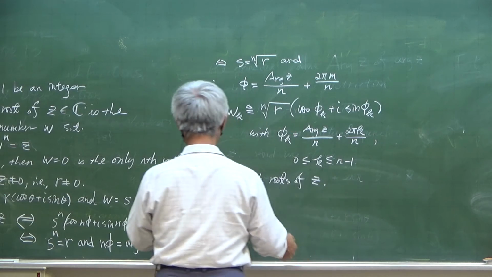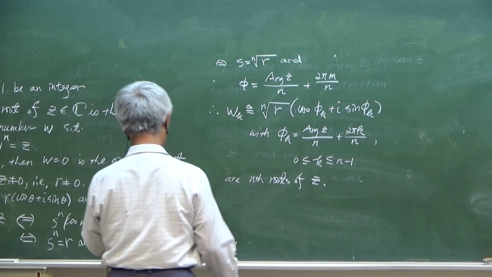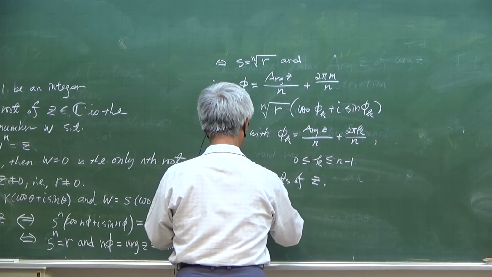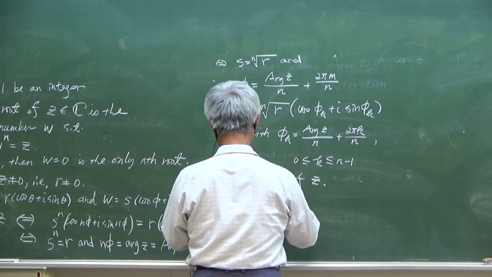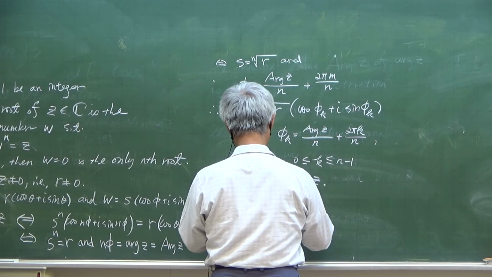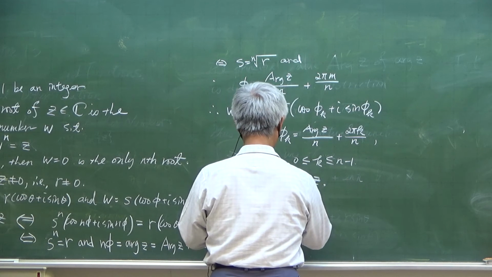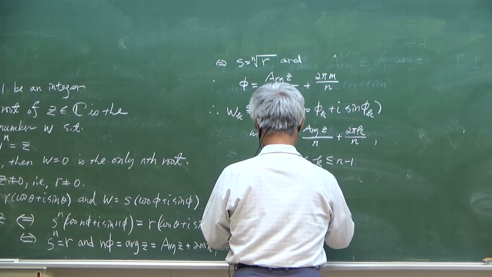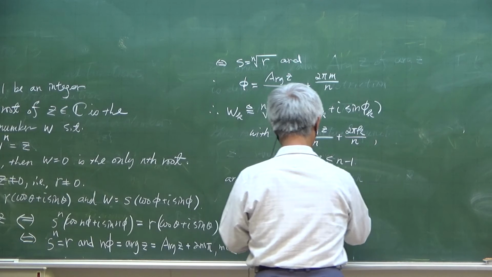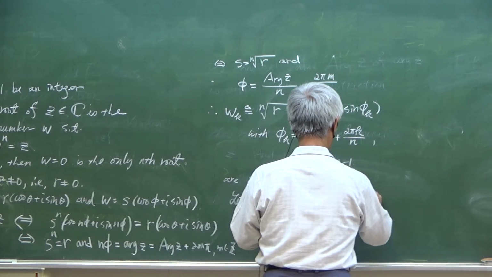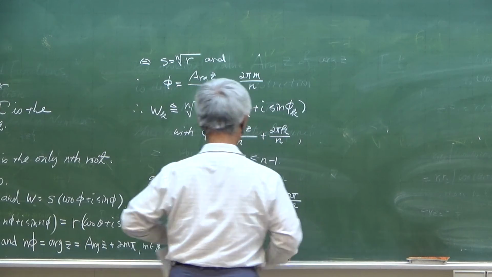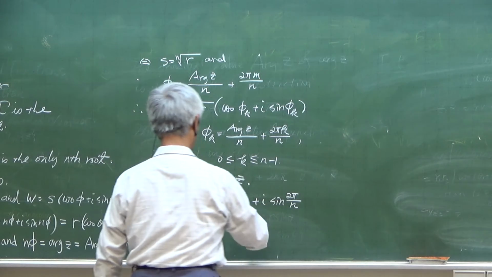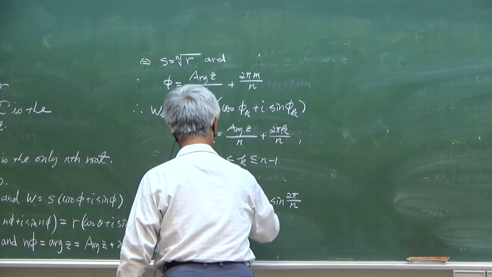So a convenient way to represent nth roots is that we let omega n be cosine 2 pi over n plus i sine 2 pi over n. Let's think about this one. So what is omega n?